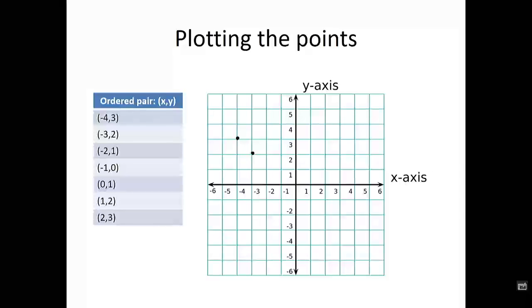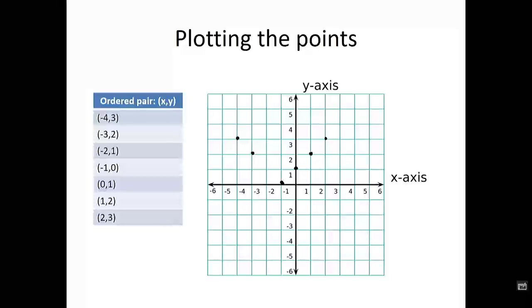Negative 1, 0 is here. 0, 1 is here. 1, 2. The x-coordinate is 1 and the y-coordinate is 2. 2, 3. The x-coordinate is 2 and the y-coordinate is 3.